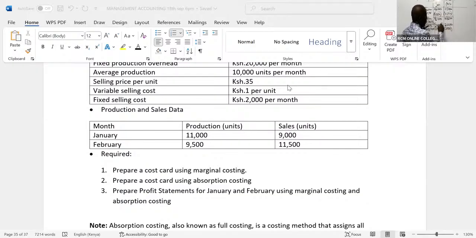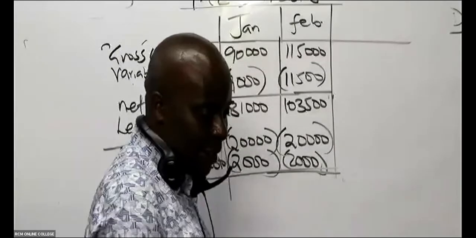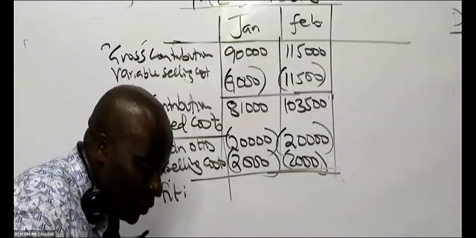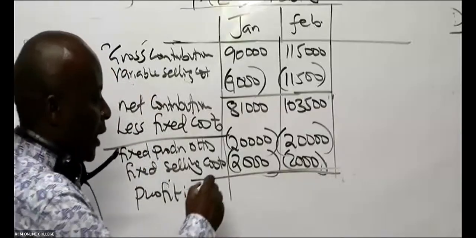Now you are able to get our profit. For January, it will be 81,000 minus 20,000 minus 2,000. Give me a number, I write. Somebody's giving me a figure? 59,000, right?